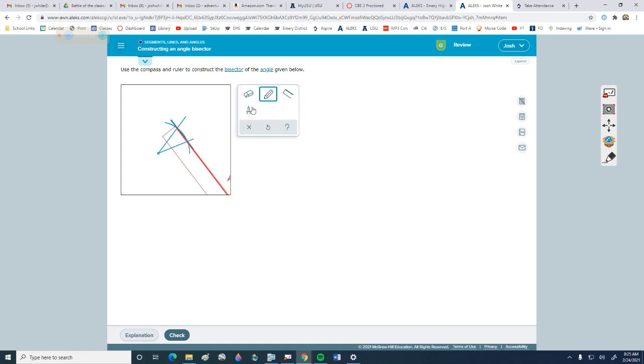Now, if I click this, I want to get rid of the arc so I can see it a little bit better. Okay. Now, I just have to cut this segment here in half. So to cut a segment in half, I set my compass on both sides of that.